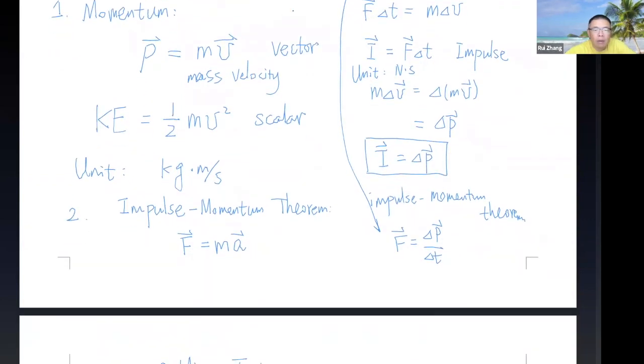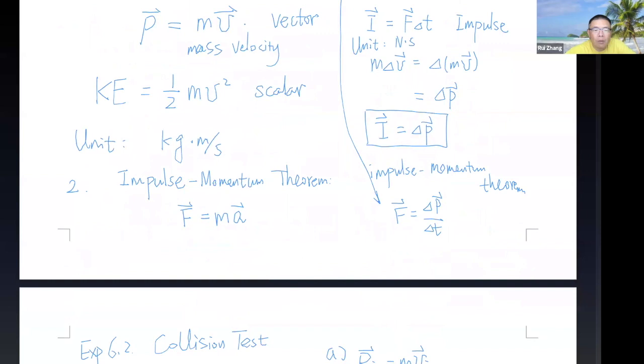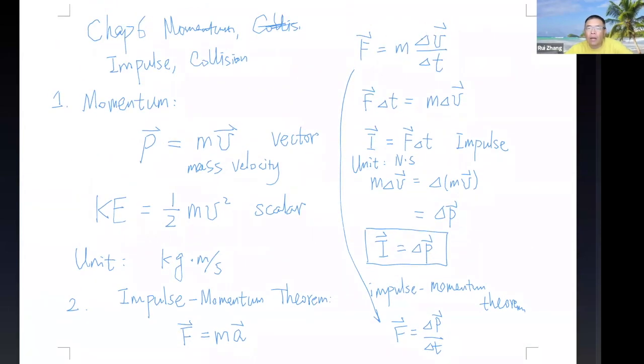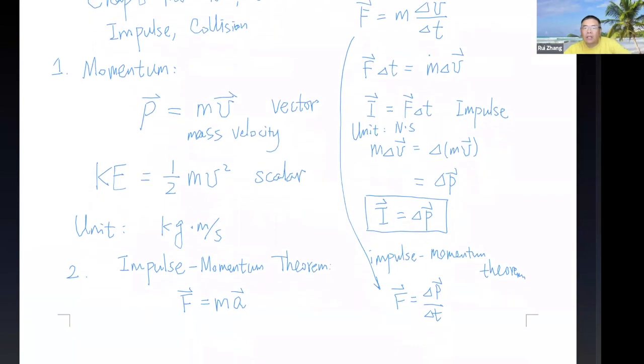impulse momentum theorem. Remember, we start from Newton's law like this, and if we write our expression as delta V over delta T and multiply by delta T, we get this impulse momentum theorem. And actually this suggests that if you go back to this formula, you can write the force as delta P over delta T, because mass is normally a constant.